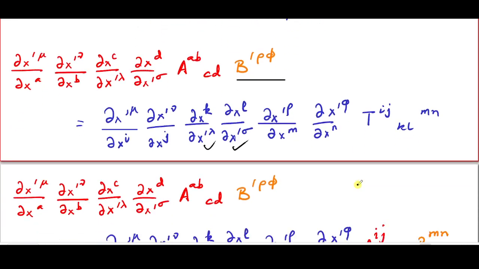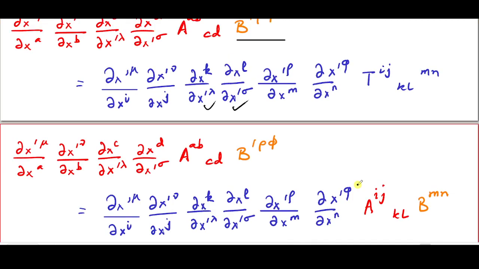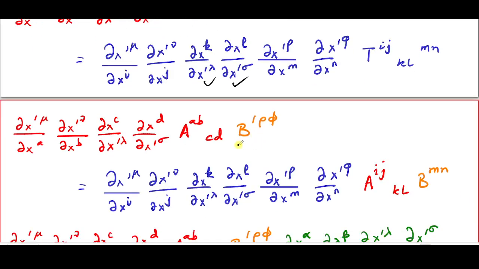So now, let's see how we can relate the two things together. Of course, all I have to do here is T_ijkl, I already know is A_ijkl times B_mn. What I want to do is figure out how B prime rho phi is related to B_mn.